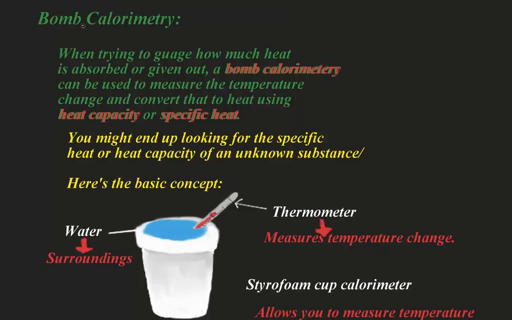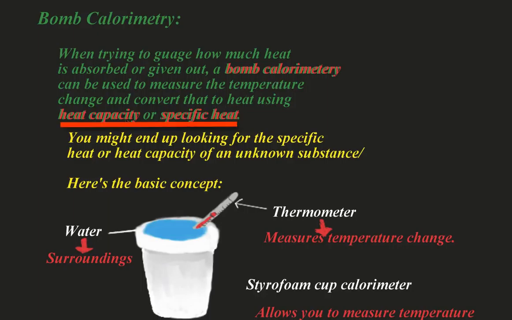Today we're going to be looking at the concept of bomb calorimetry. Since it's difficult to measure heat, there are no instruments to really measure heat like a thermometer measures temperature or a scale measures weight. When trying to measure heat, we have to use a bomb calorimeter and the concept of bomb calorimetry.